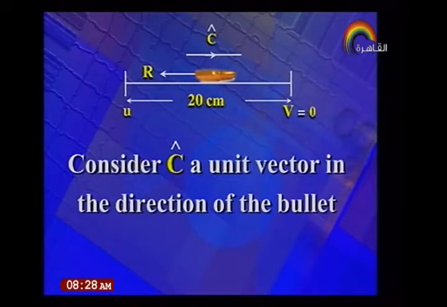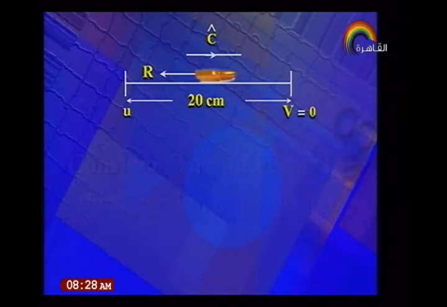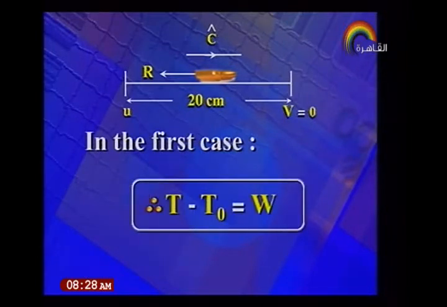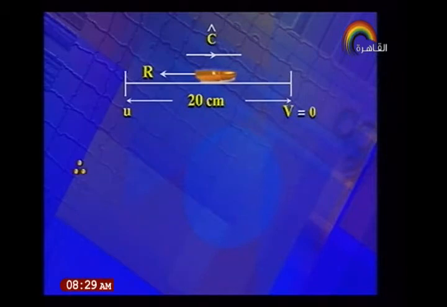The c vector is considered the unit vector in the direction of motion of the bullet, but R is opposite the motion of the bullet. In the first case, dear student, we know that the change of kinetic energy equals the work done. We have T minus T naught equals W, the work done.